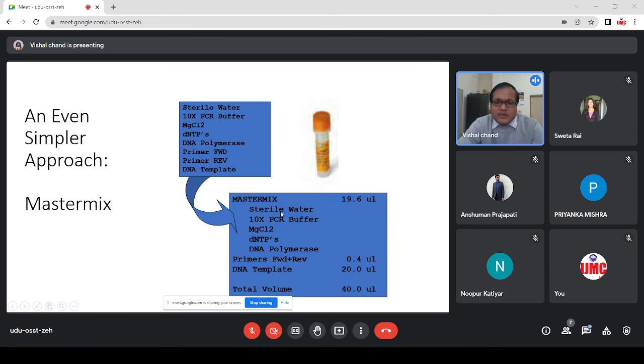So sterile water, 10x buffer, MgCl2, dNTPs and DNA polymerase are already available in the master mix, and its amount is about 19.6 microliters. You use the DNA template and the forward and reverse primers, and your purpose is solved, and you can directly go for the PCR reaction.